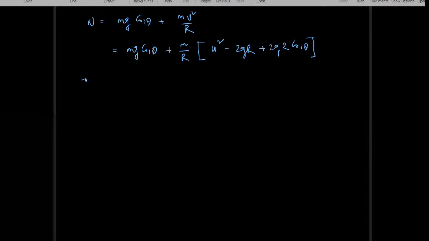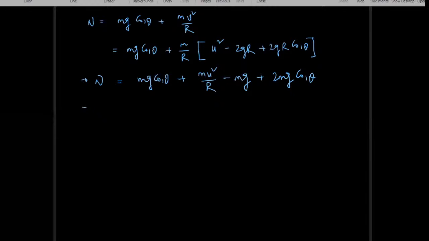Then capital N will become mg cos theta plus mu square by r minus 2mg plus 2mg cos theta.